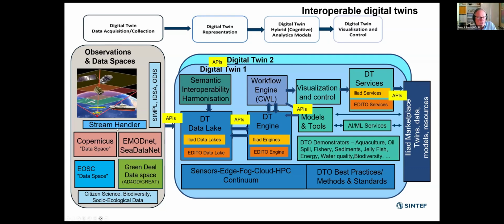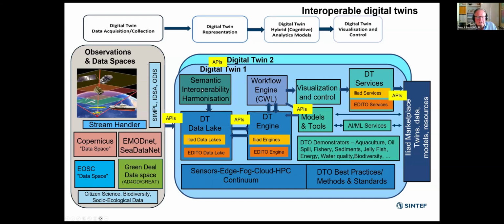In particular, we're working with the Green Deal data space initiatives, projects such as All Data for Green Deal and the GREAT projects, also data from citizen science, biodiversity data, and socioecological data. There are many sources that we are drawing from to bring into the data repository of a digital twin that we call a data lake, together with D2 and Destination Earth that also have a main focus of data lakes for the data representation as we see.